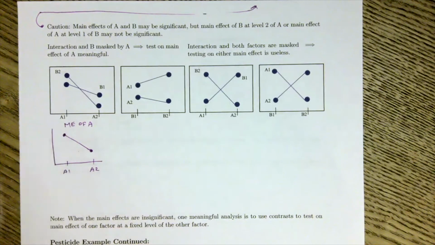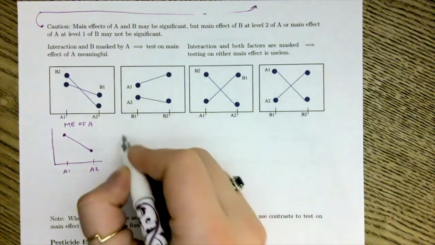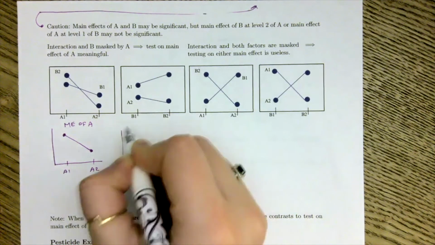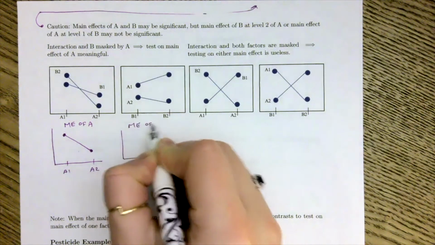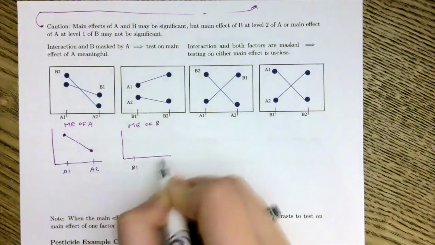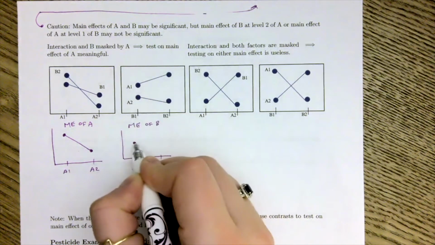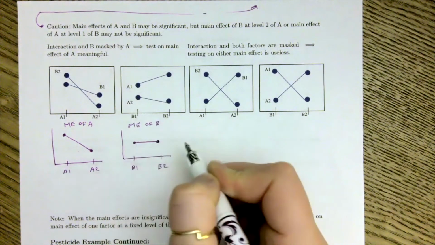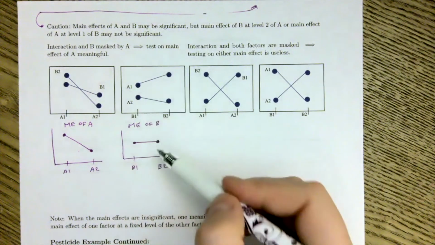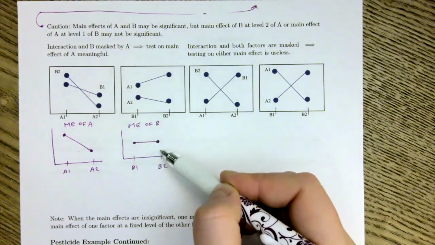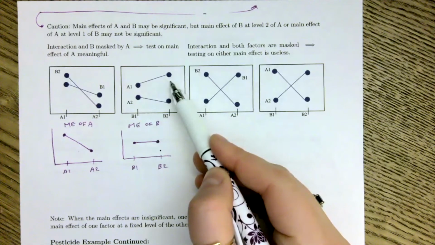Now, let's say we went over and did the same thing and we looked at the main effects plot of B, B1, B2, and we averaged. It would probably look something like that. And I wouldn't say that the trend here of the main effects of B would match the trend in this interaction plot.